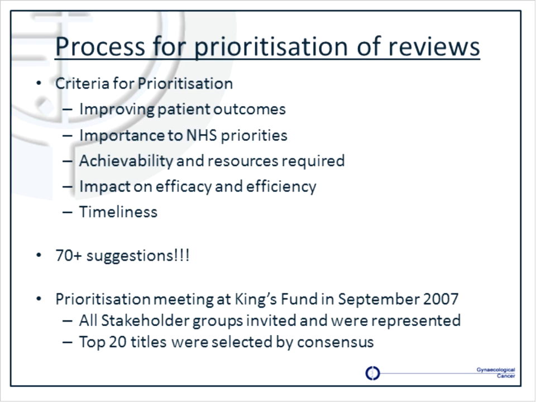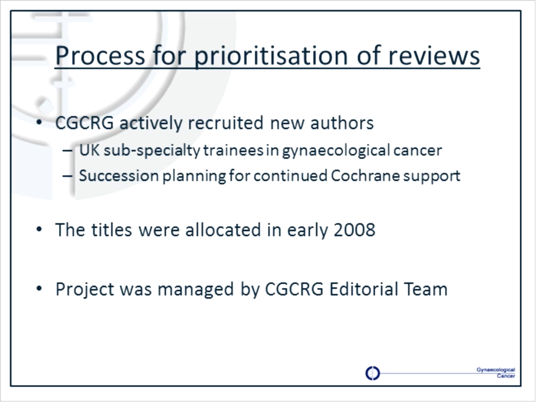This meeting was attended by 20 invited participants, including the stakeholders. After a few exhaustive and often entertaining hours, a final hit list of 20 new prioritised titles was agreed. We presented a special session at the British Gynecological Cancer Society meeting in Belfast in November 2007, inviting prospective author teams to contact us should they wish to undertake one of the prioritised reviews.